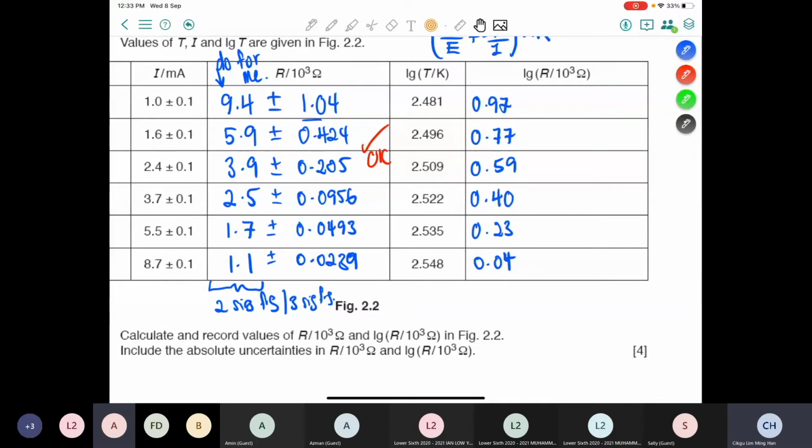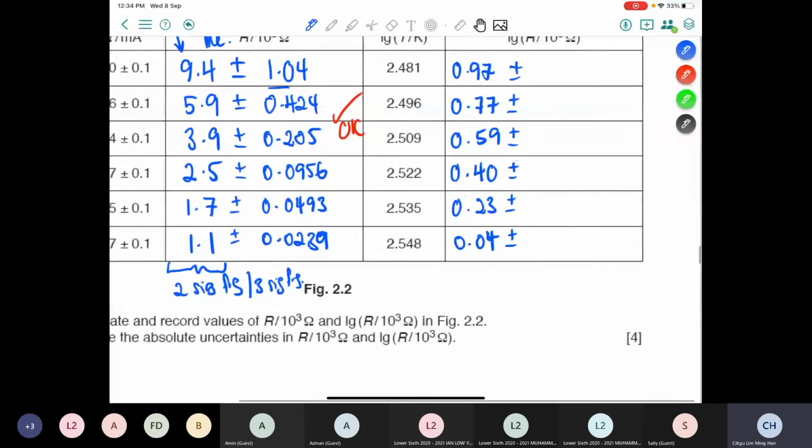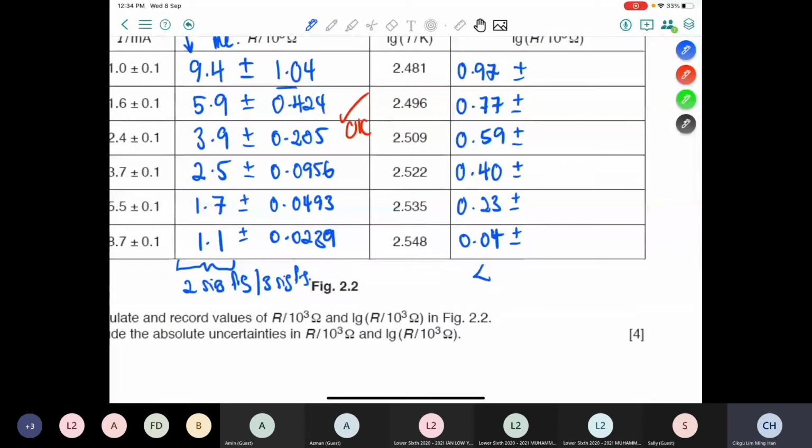Do you know how to find out the uncertainty for the log? Anybody know how to find out the uncertainty for the log? Remember? Change in R over R. Yes, change in R over R. So to get the uncertainty of log R, it is 1/2 of log R maximum minus log R minimum.